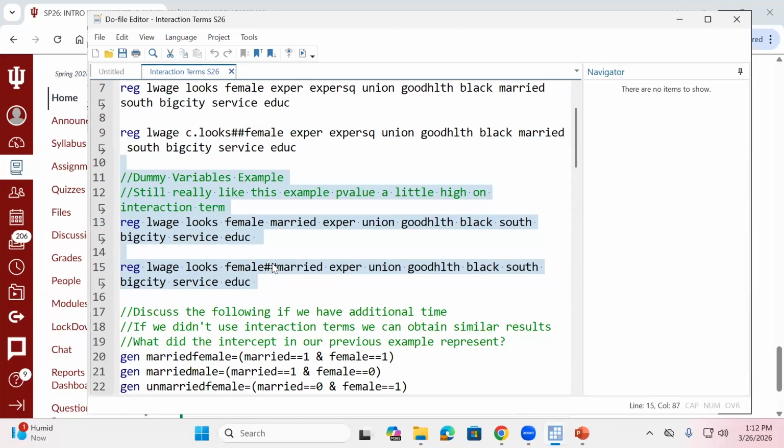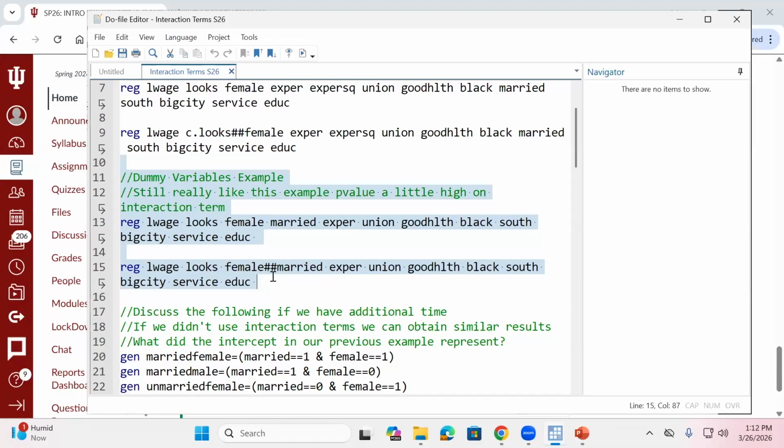I have another syntax we can use in Stata, kind of similar. I showed you this when we wanted to create that square term. Basically, a double number sign here says take this variable and multiply it by this variable, but include the variables themselves and the term where I've multiplied one by the other.